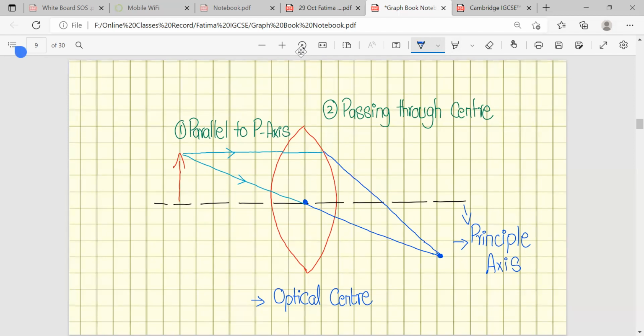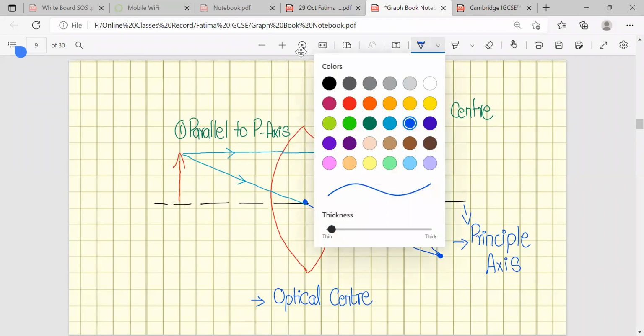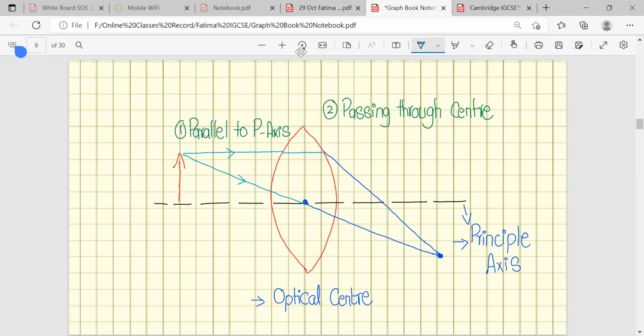So you can get the image of an object somewhere at this point, and the orientation of that image will be like this, right?